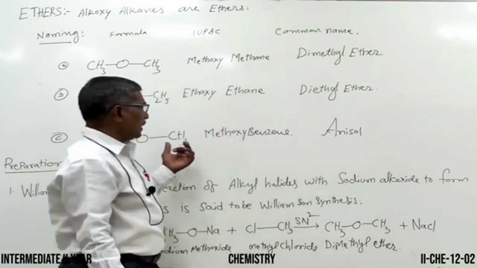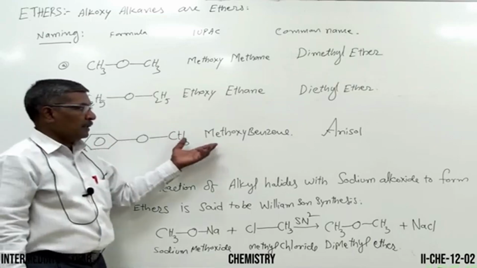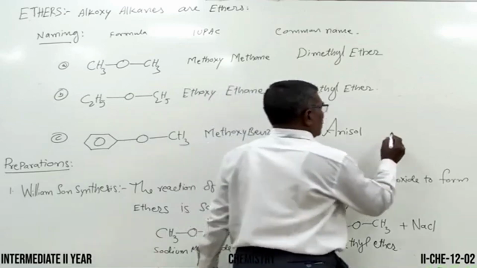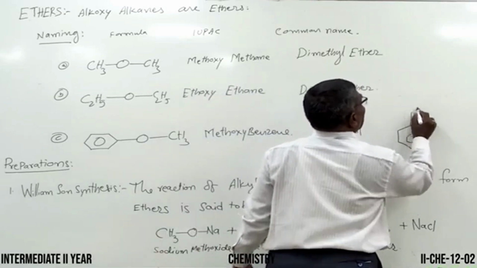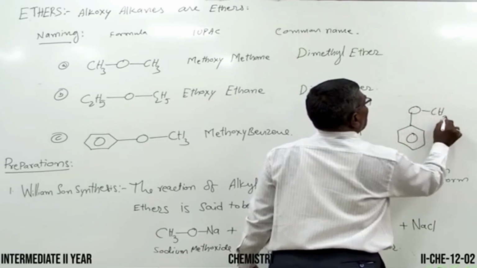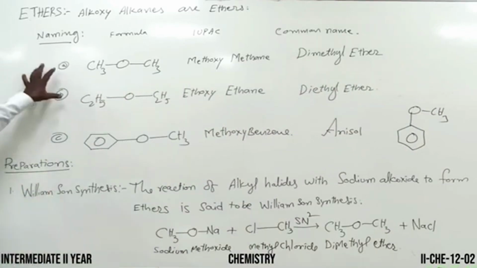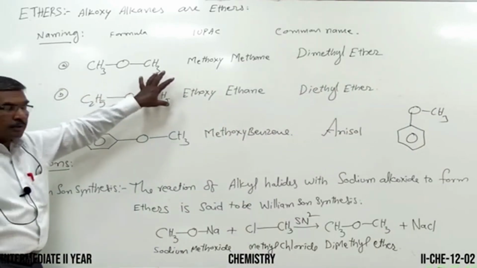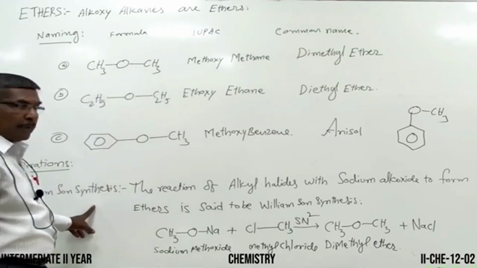Those who know the name can answer. So methoxybenzene is said to be anisole. It can also be written like this. So this is about the naming of ethers. Many names are there; you can practice from the textbook.